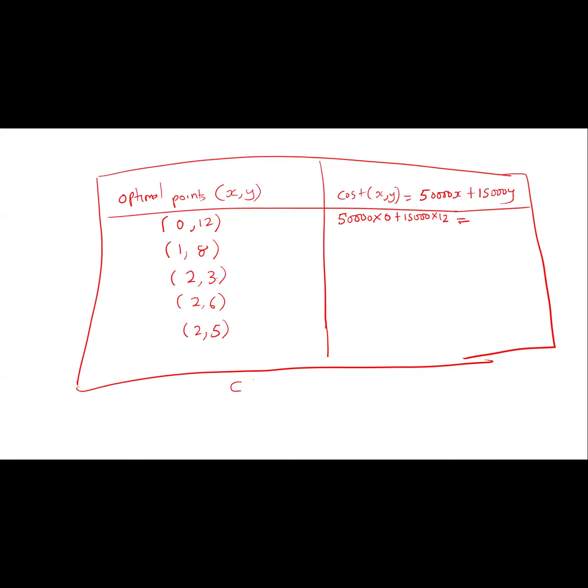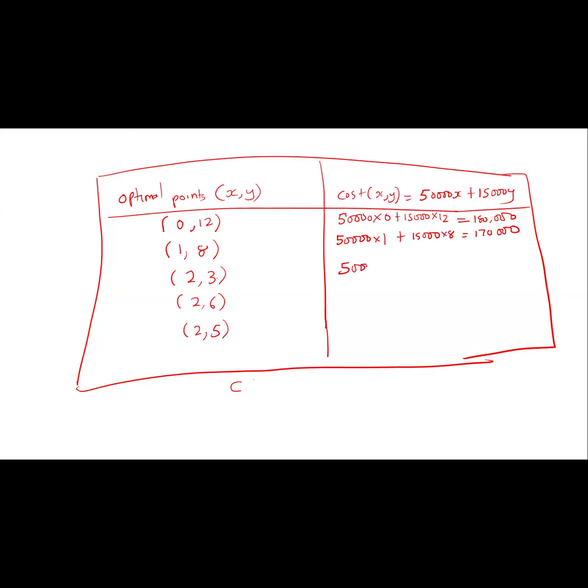Then you come up with the answer. When I put there, it is about 180,000. Then I put 1, 8 and do the same: 50,000 times 1 plus 15,000 times 8. Then I put the answer, which is about 170,000.